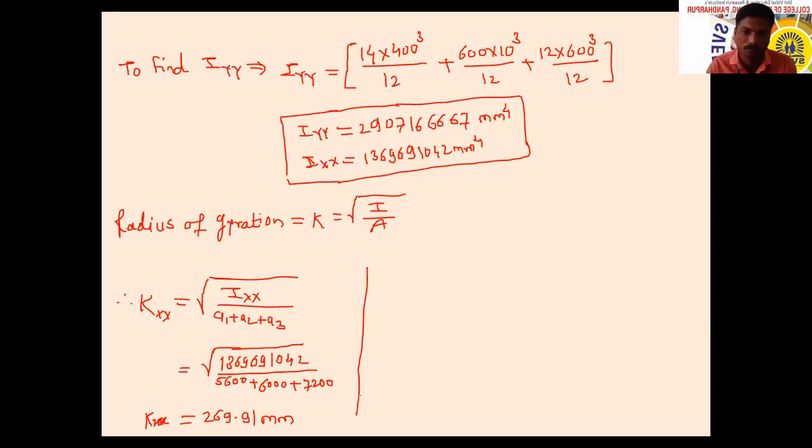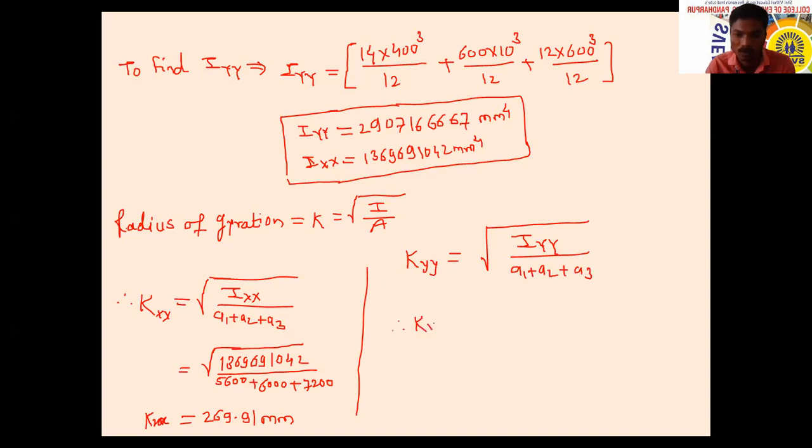Similarly, Kyy. What will be the formula? Iyy divided by A1 plus A2 plus A3.